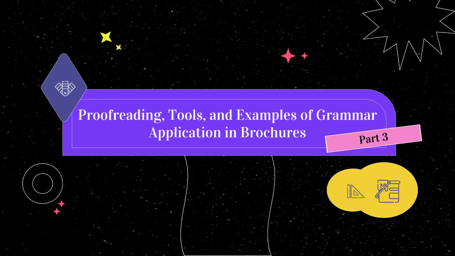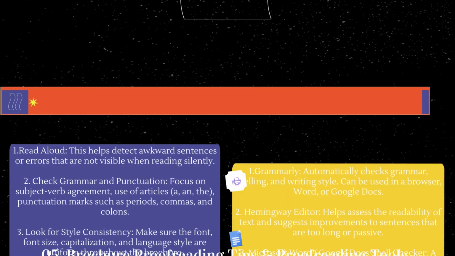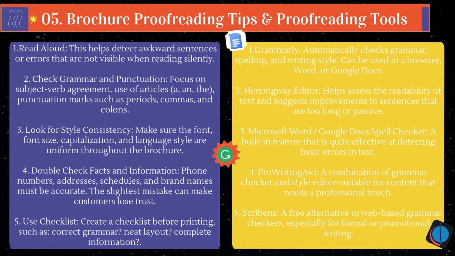And the next part is proofreading tools, an example of grammar application in brochures. 5. Brochure proofreading tips and proofreading tools. Proofreading tips such as first, read aloud. This helps detect awkward sentences or errors that are not visible when reading silently. Second, check grammar and punctuation.